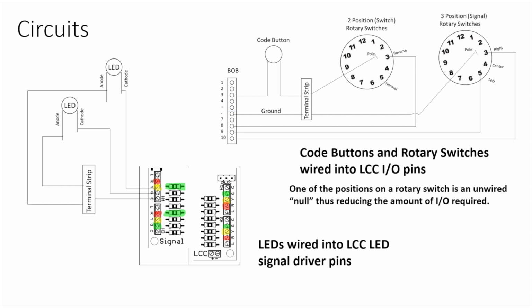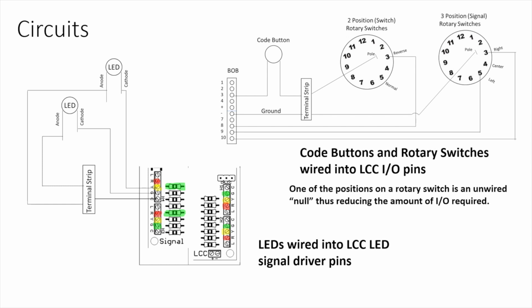The signal board is set up to handle 4 signals with 4 colors: red, yellow, green, and lunar. So it can drive 16 LEDs, broken out to 4 to a common, if you will. So that's how they got wired in, with the commons being run through a terminal strip, just to make it simpler, but there's other ways that could have been done.